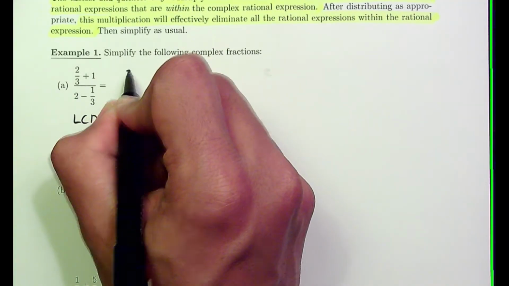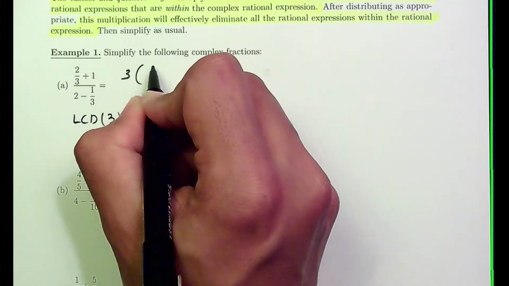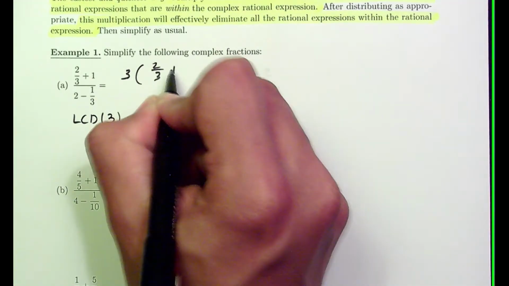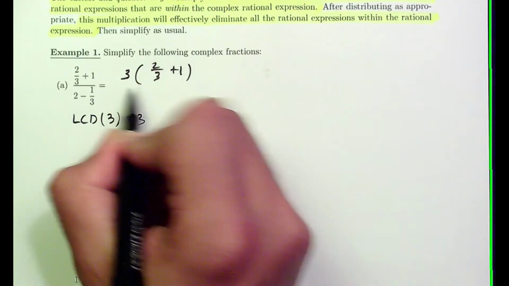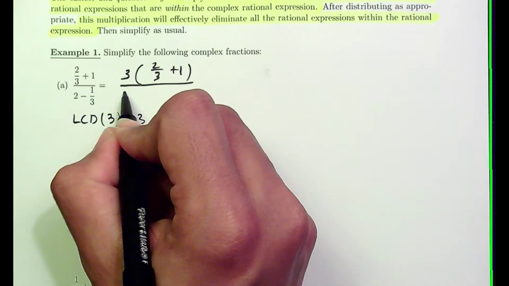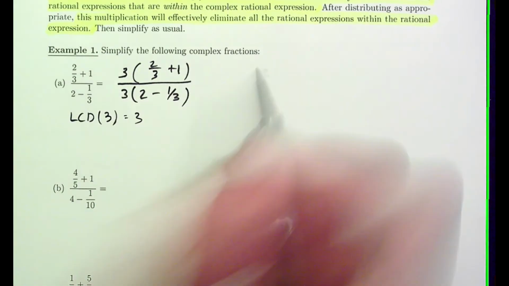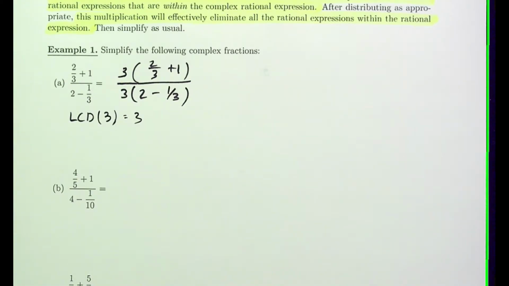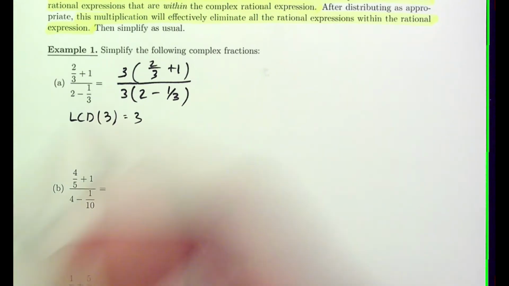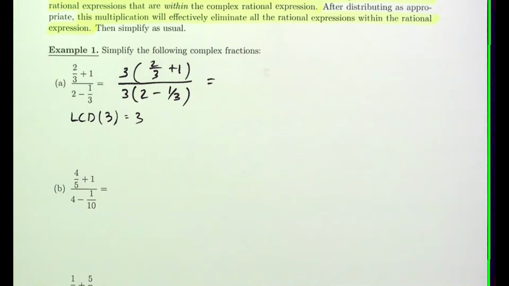Okay. So multiply the whole thing on the top by 3. And similarly, you're going to do the same thing for the bottom. So you're going to multiply everything by 3, top and bottom. And then when you distribute, if you do this right, all the fractions are going to get cancelled.